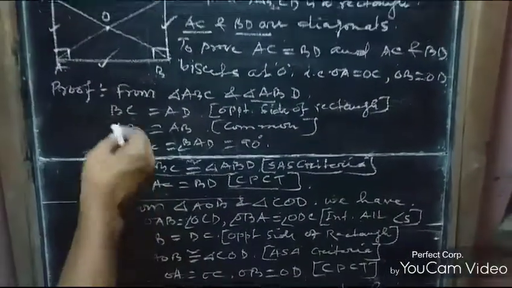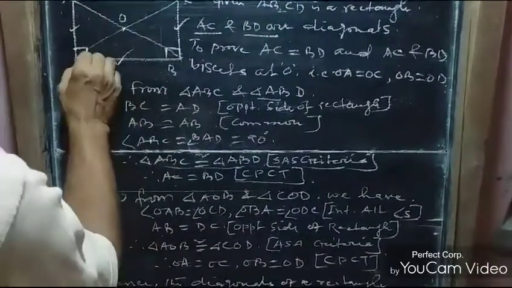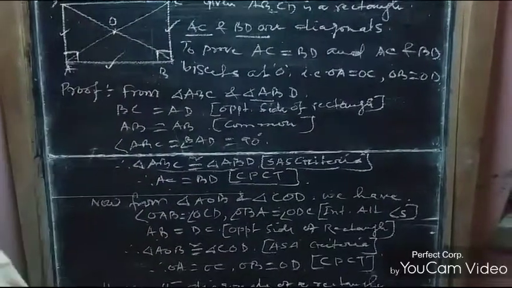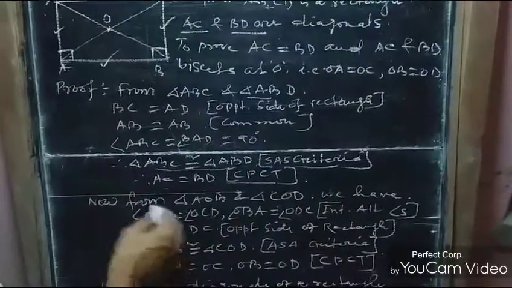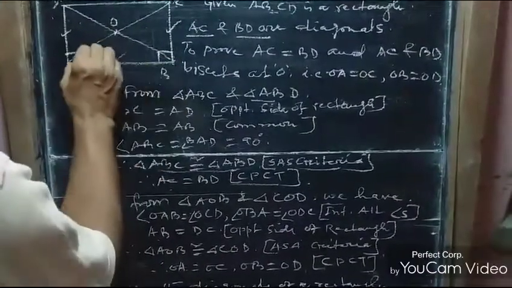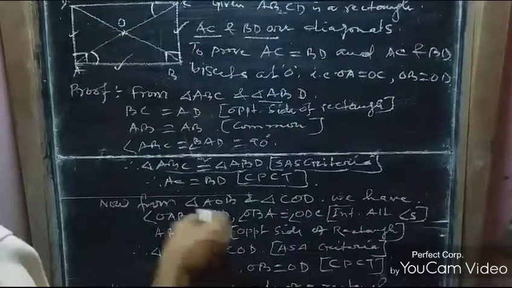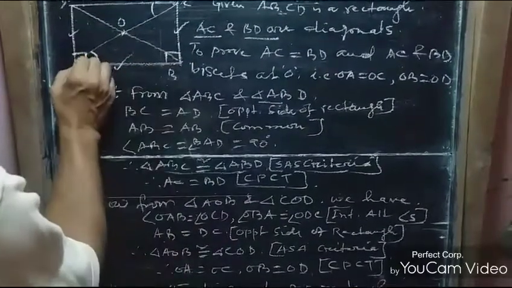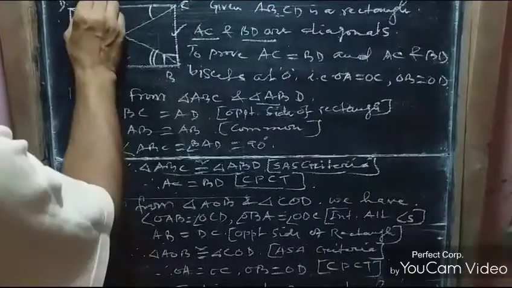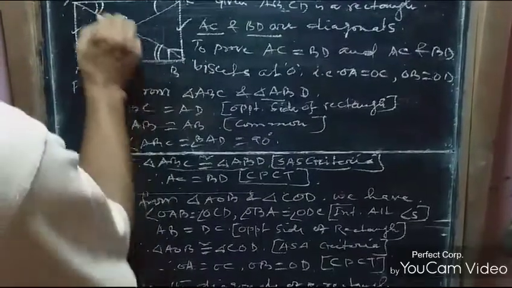Now the second part is, we need to prove that the diagonals bisect each other. From triangle AOB and triangle COD, we can tell angle OAB equal to angle OCD, and angle OBA equal to angle ODC. These are interior alternate angles, and AB equal to DC.